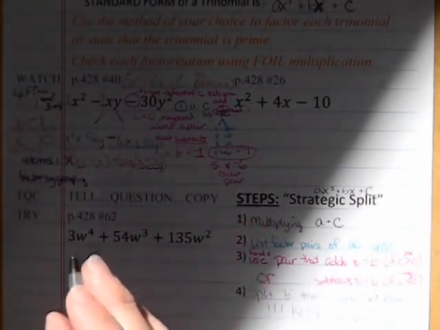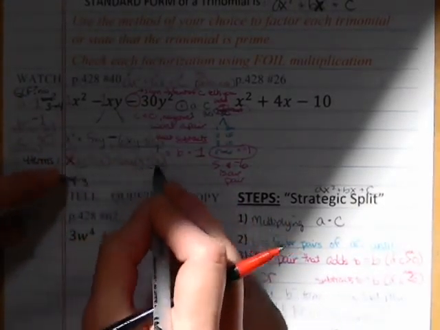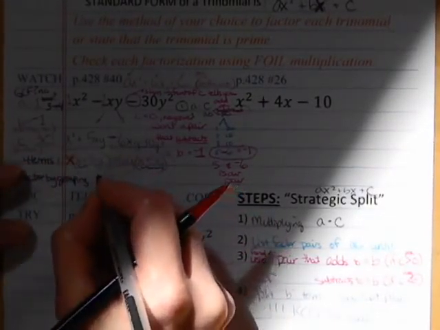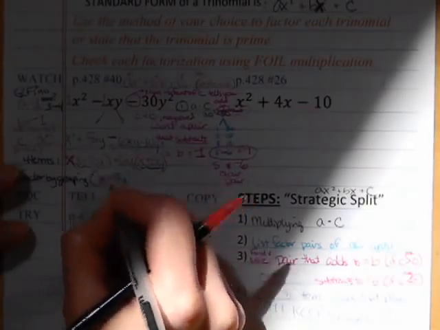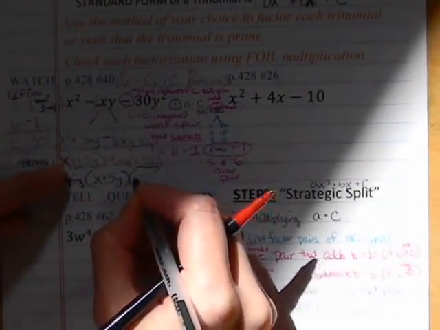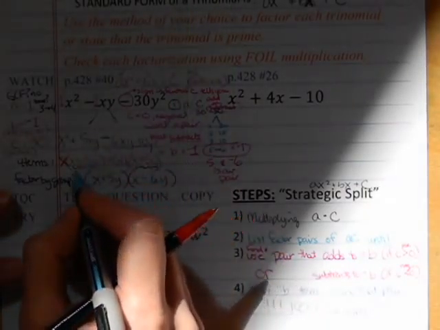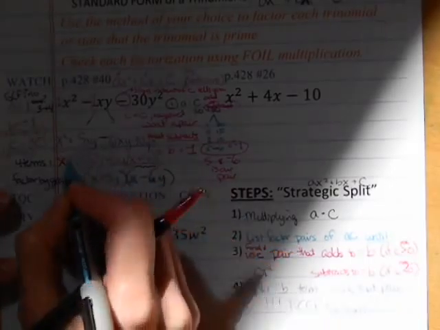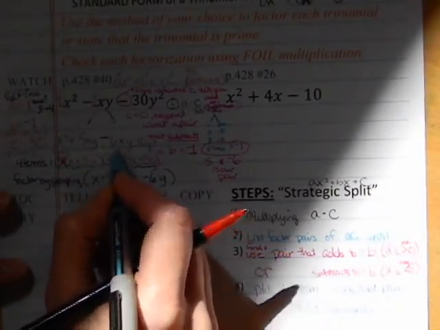Kind of zoom out, think big picture. What does this whole thing have in common now? This first half and this second half? Well, they have an x plus 5y in common. Pull that out, leaving behind the x minus 6y. Okay, so this is what we're pulling out, the x plus 5y, and then the x minus 6y came from what was left over here when we pulled away the GCF.